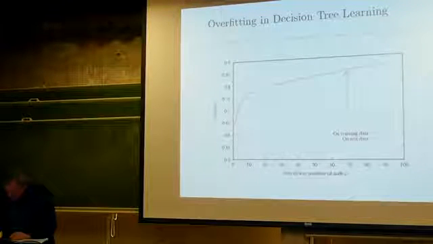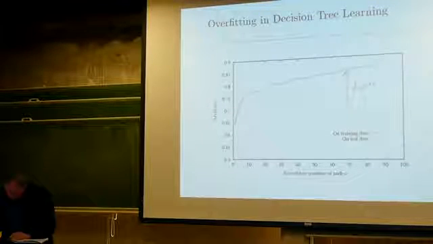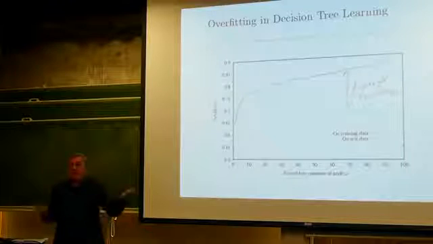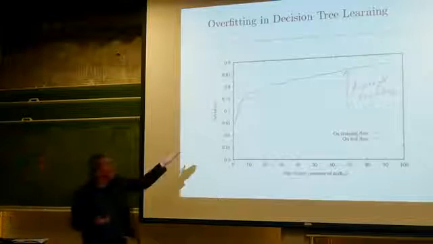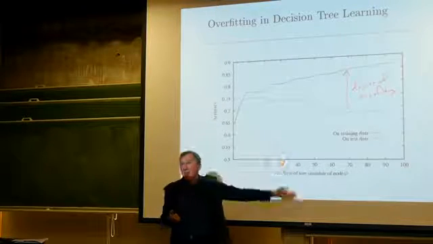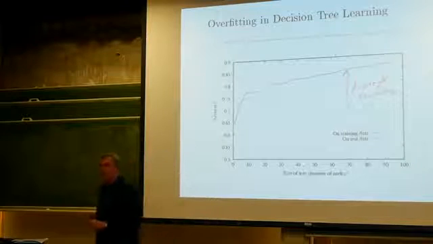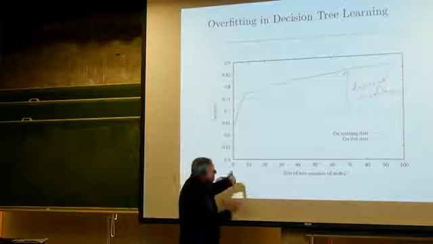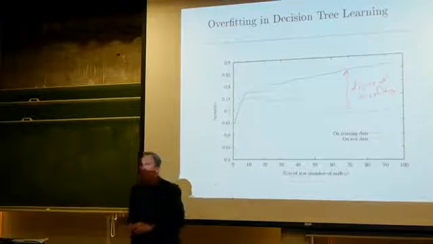And so this is actually the degree of overfitting. This is the difference between the error rate on the training examples and the error rate on the true distribution. Well, this is the overfitting problem.